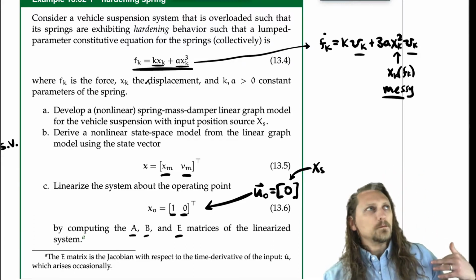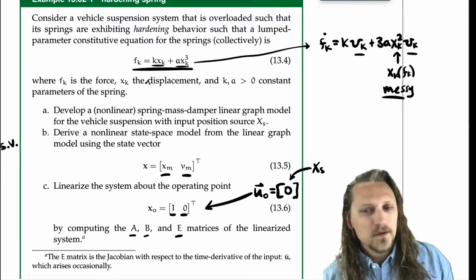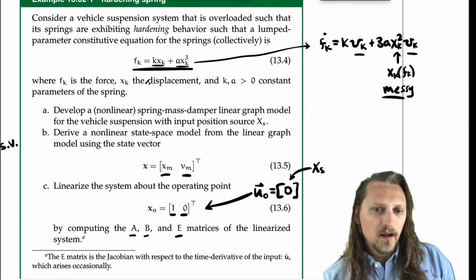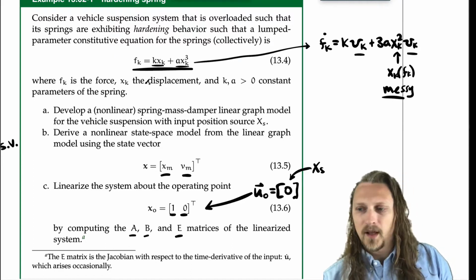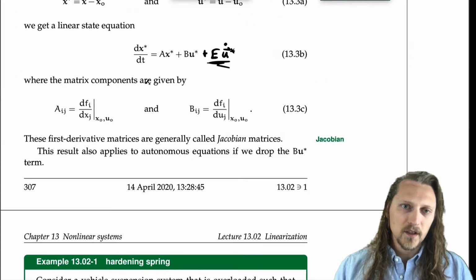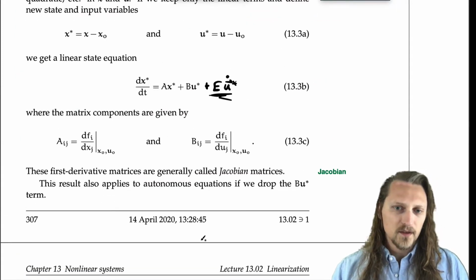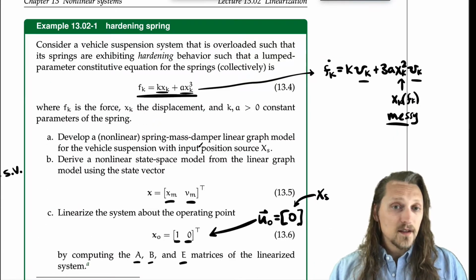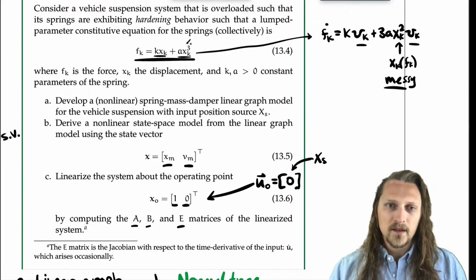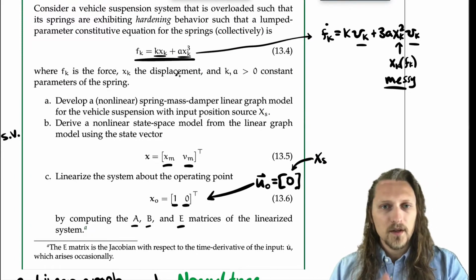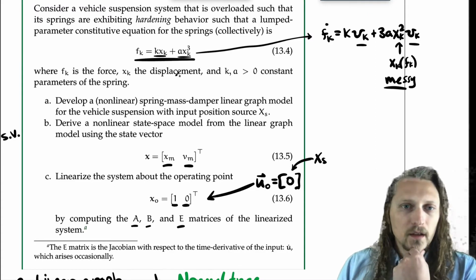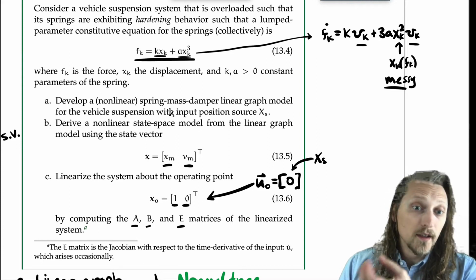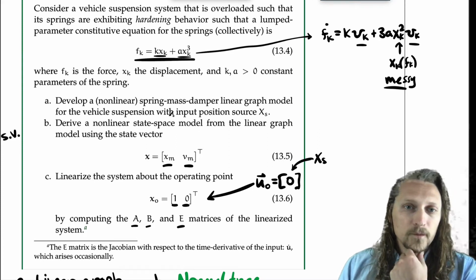Now, I chose to have us find the nonlinear model for a couple of reasons. One, I wanted us to apply the technique that we learned about linearization in this lecture. But the second reason is that if you linearize the constitutive or elemental equation for your nonlinear component, and then you do the analysis, you never do get the nonlinear state space model.